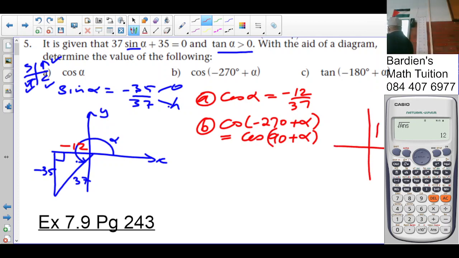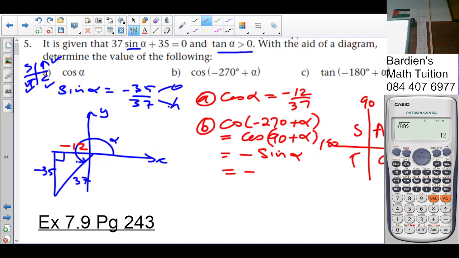All stations to Claremont. 90 plus alpha puts you in which quadrant? Second. Positive or negative? Negative. Although we change this to sine. Why does it change? 90. Okay. So we go sine. So it's negative, coming from sine alpha, which is negative 35 over 37, which is 35 over 37.